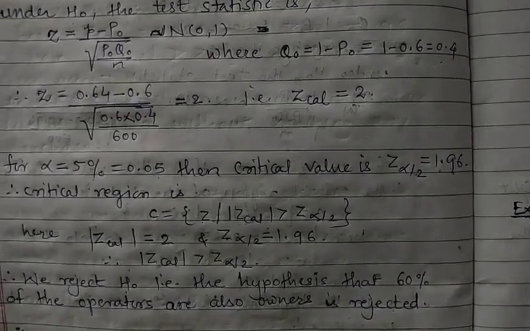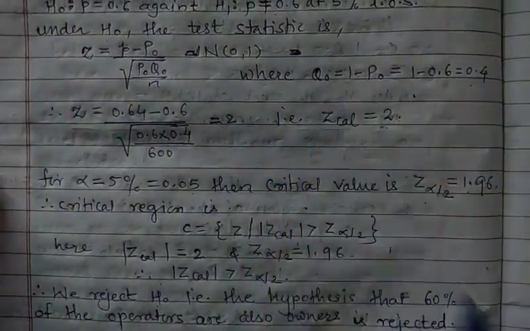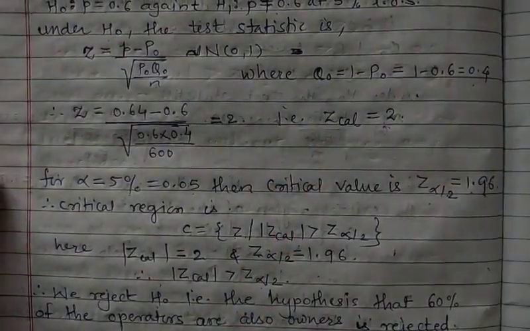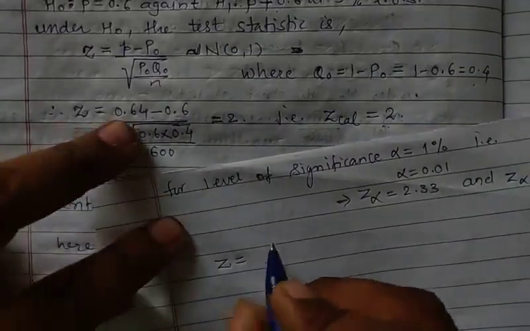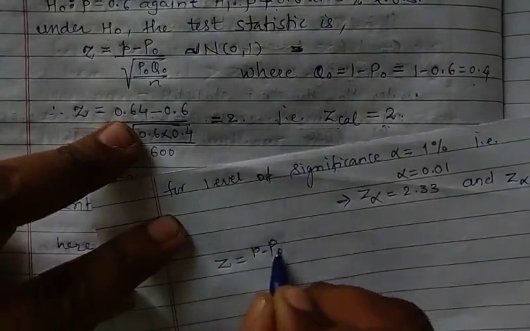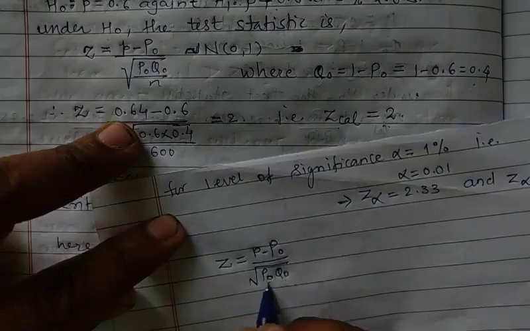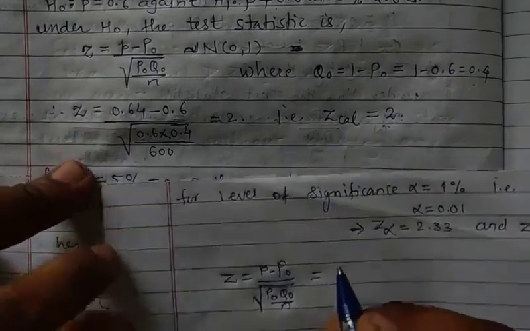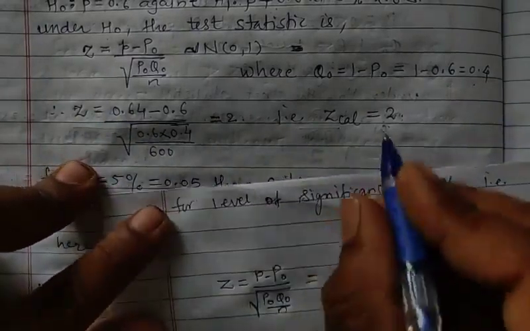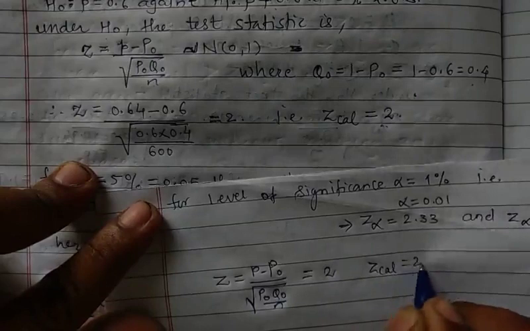Now we solve this same example for 1% level of significance. What is Z calculation? Z is p minus P naught upon square root P naught Q naught by N. After solving, we get the value 2, that is Z calculation is 2.